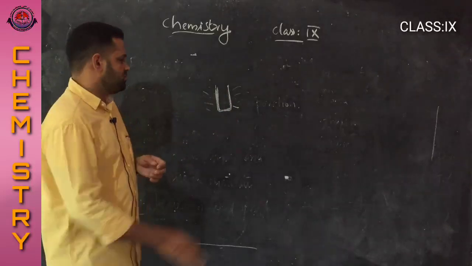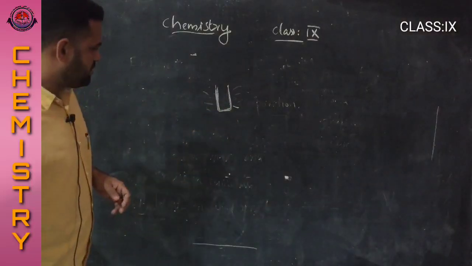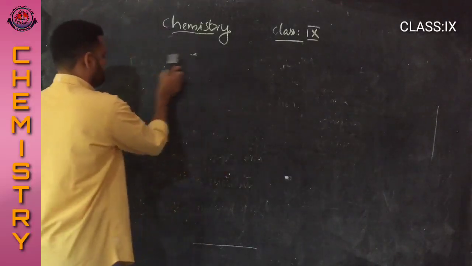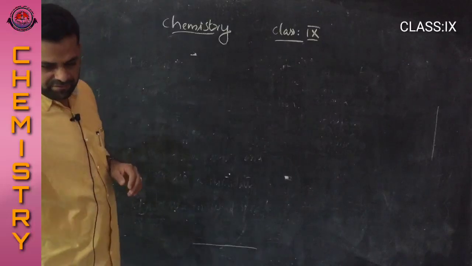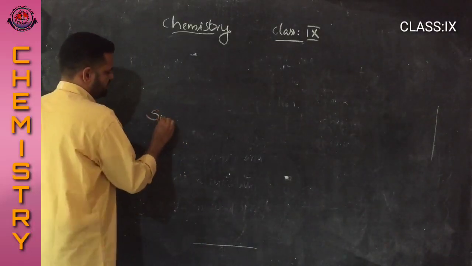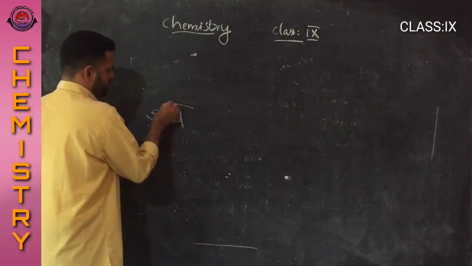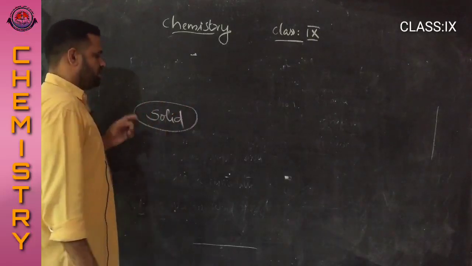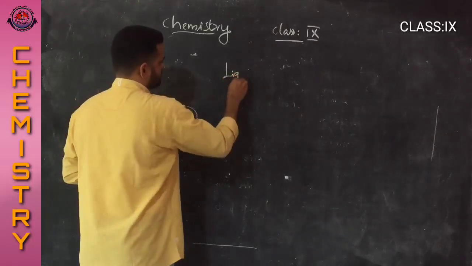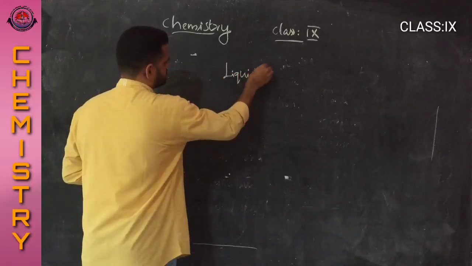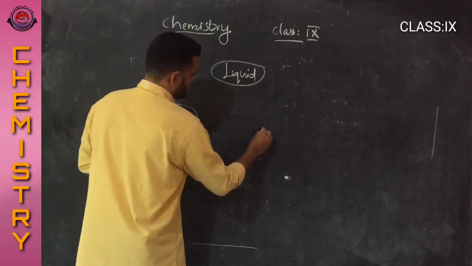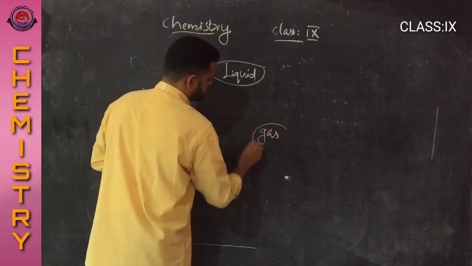Okay. So these are the different interconversions of different states of matter. Generally we can represent them: these are the three states of matter, solid, liquid, and gas.